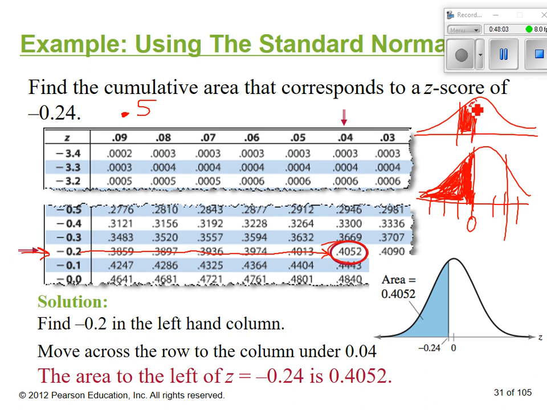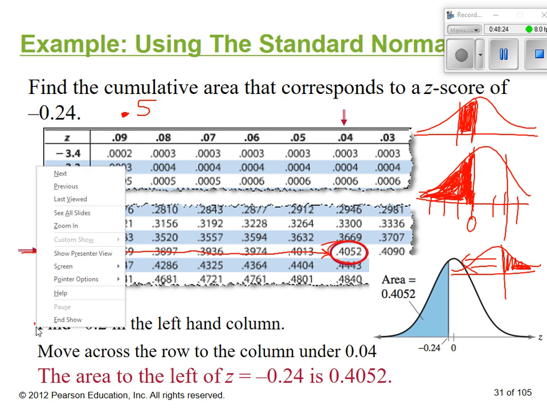Then the chart is a little more difficult. Or if you want the area to the right, that makes the chart a little more difficult. If it's just the area to the right, all you've got to do is find the area to the left and then subtract it from 1. But the area in between two numbers is a little tougher.